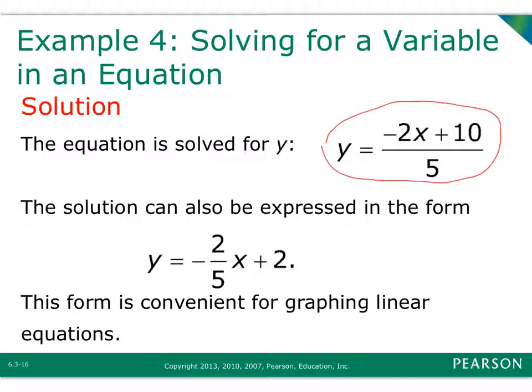The solution can also be expressed in the form y is equal to negative 2 over 5 x plus 2. This is a form which we will call eventually a linear form, where negative 2/5 is the slope m, and 2 is the y-intercept. This form is convenient for graphing linear equations.